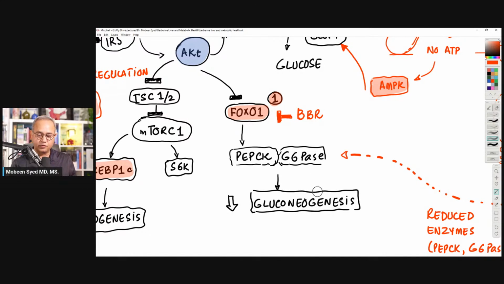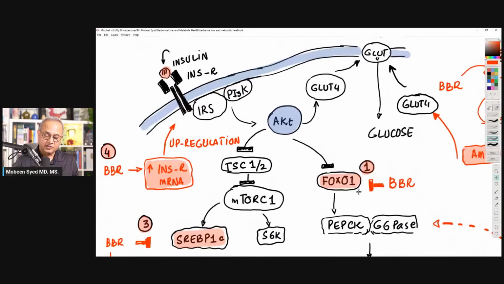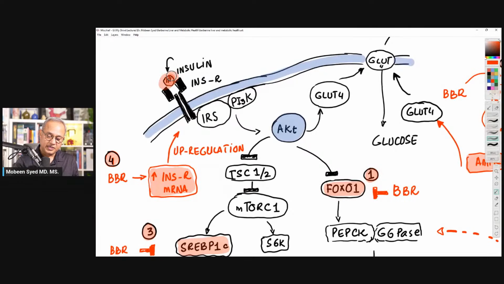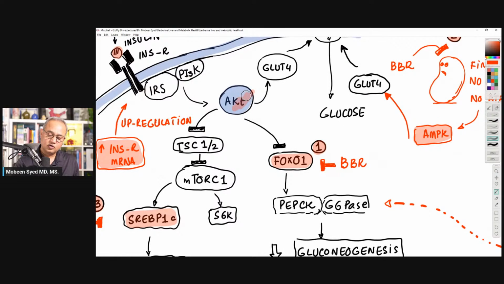So another important thing. Now, generally, how does insulin work with this one? Think about it, follow me here. Let's say here is the insulin, it comes and attaches to the receptor. Inside the cell, there is the insulin receptor substrate. This substrate will cause another enzyme called PI3K to be activated, which in turn activates another enzyme, the hub of the insulin response system, called AKT.